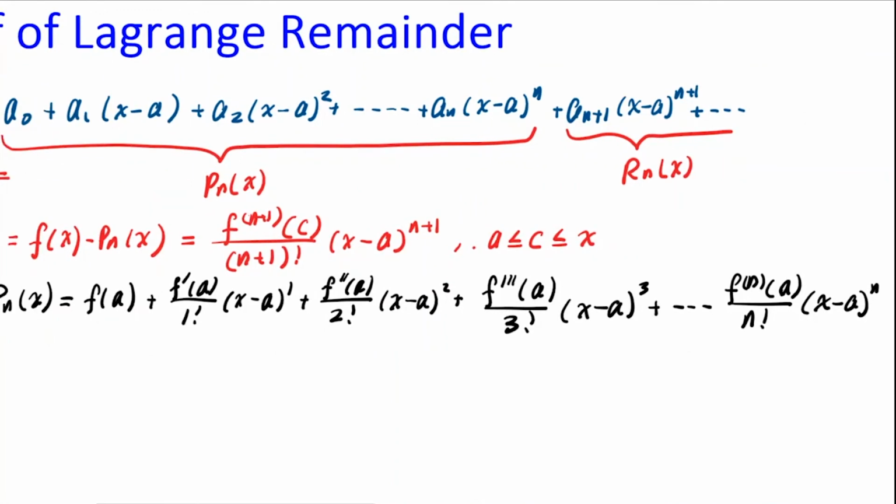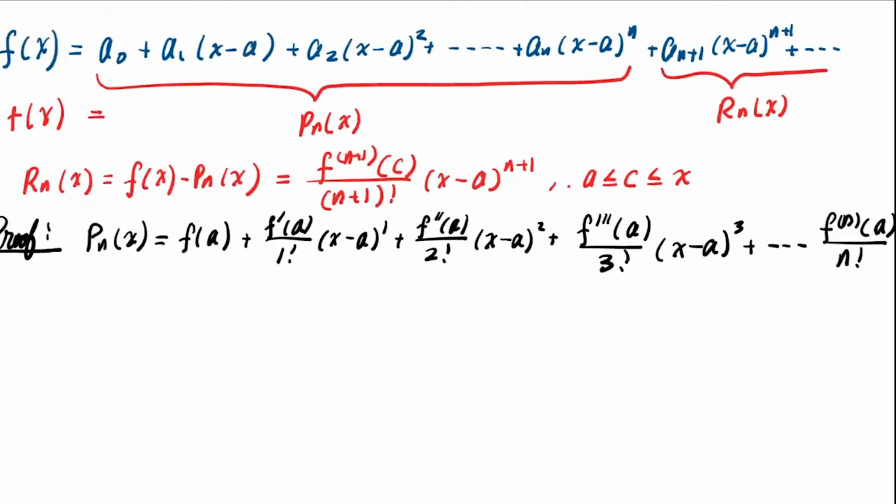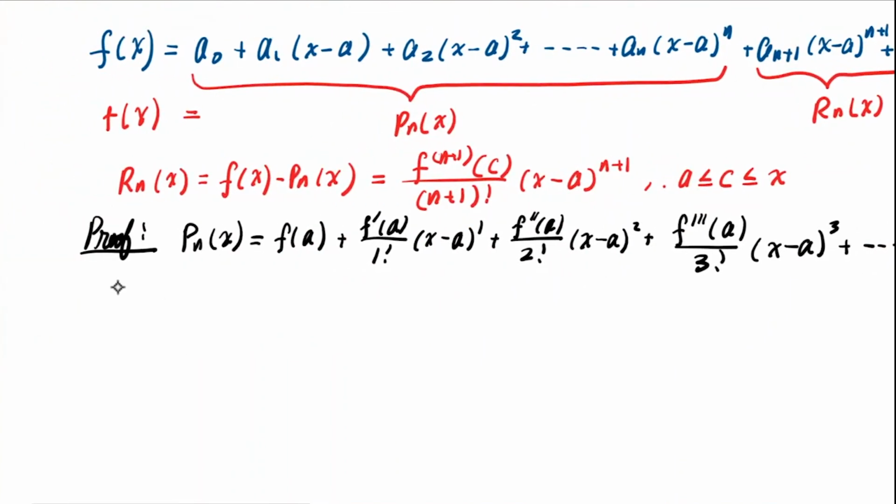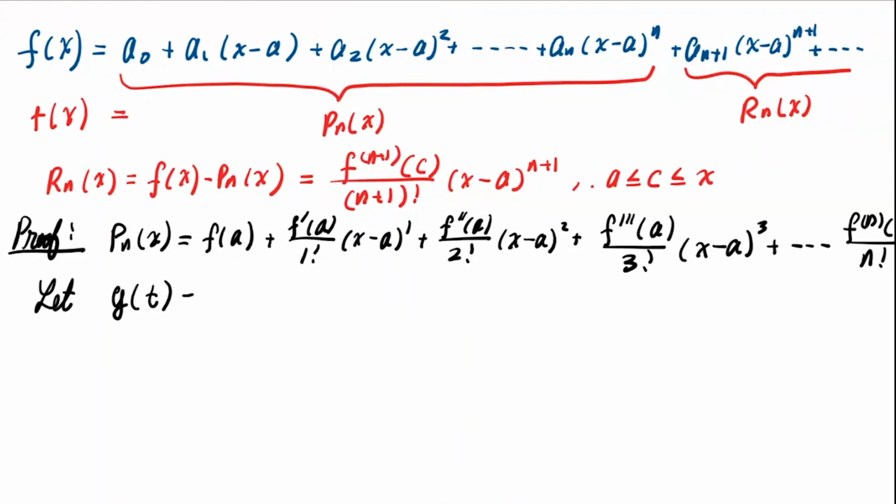Now, this is a nice trick. I will create a function g, and g is a function of t. It is almost the same as what we have here: f of t, instead of a, replaces the center. That's the little trick. This version of the proof is a lot shorter, but it requires this trick.